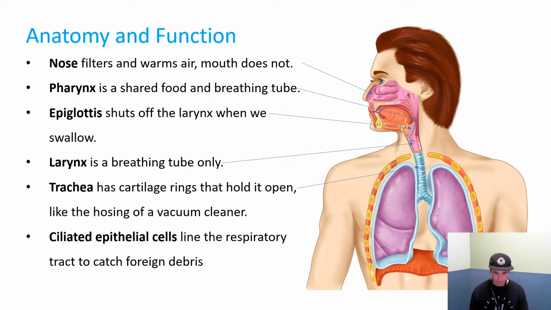So if you're breathing in air that is quite dirty, those cilia will catch those substances. Mucus is released, and that helps trap those substances in one spot, and you can either cough and spit them out, or cough and then swallow them, which takes them into your digestive system. The stomach is acidic, which kills off bacteria, and you deal with the foreign debris that way.